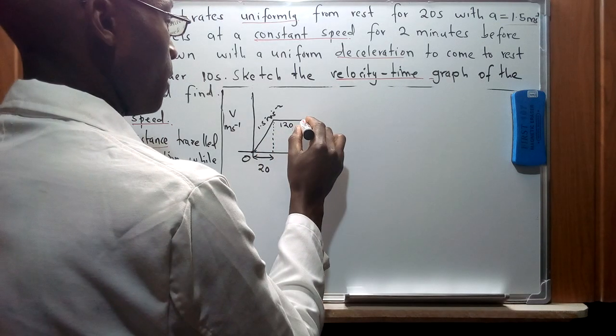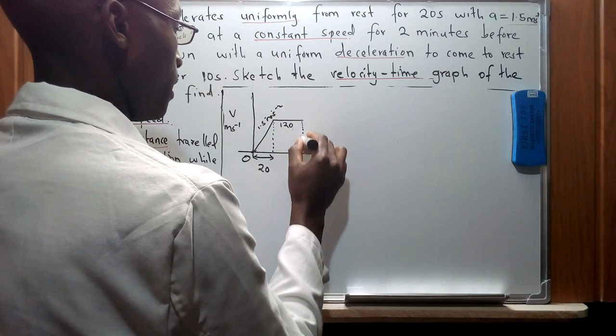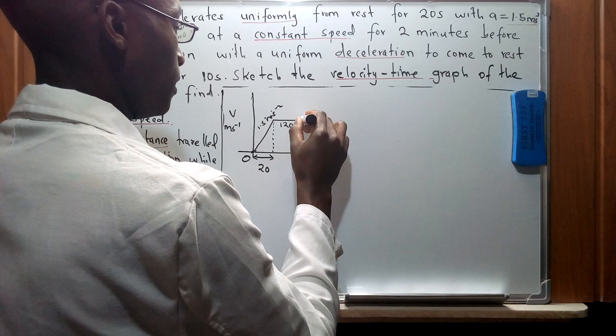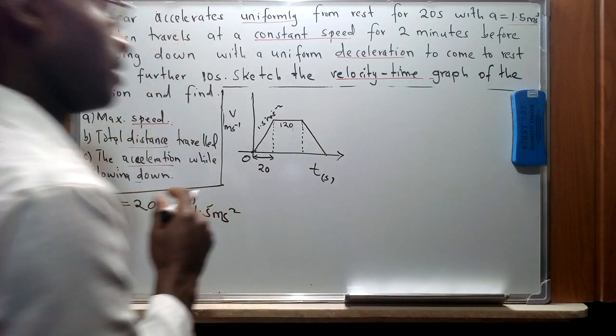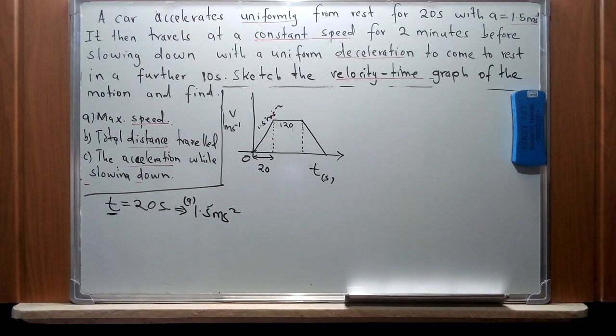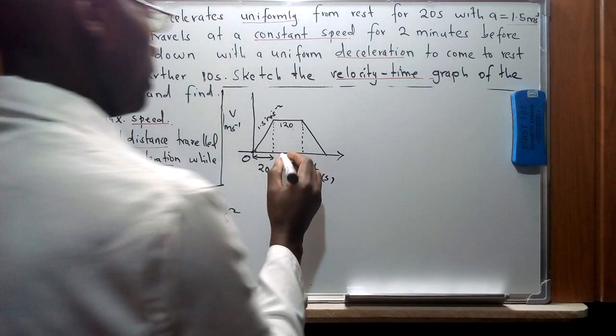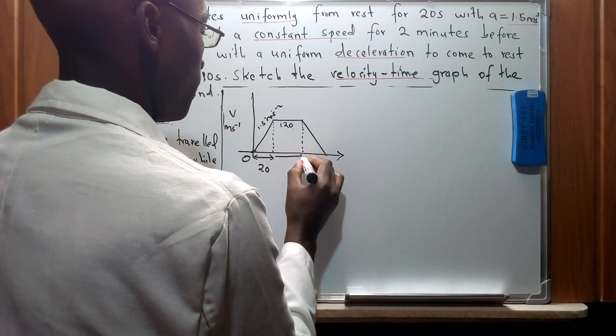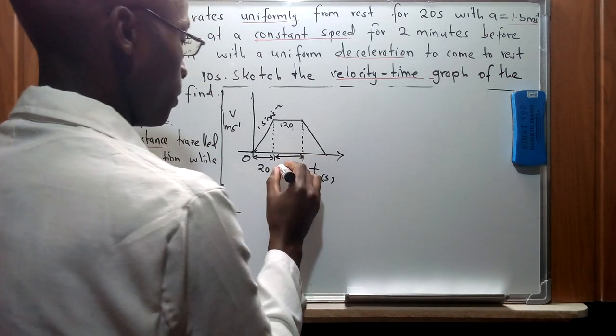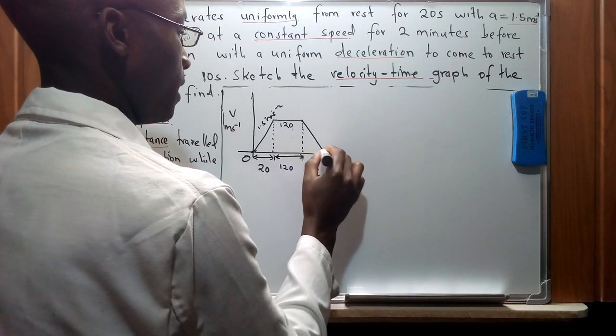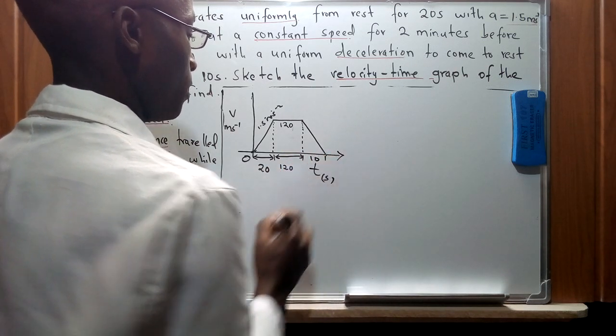So in this case, if we travel from this point up to this one, it underwent this deceleration. I said that deceleration is a negative of acceleration, so we are going to represent it using a negative graph. So between this one and this one, of course this was 120 seconds, it took 10 other seconds.